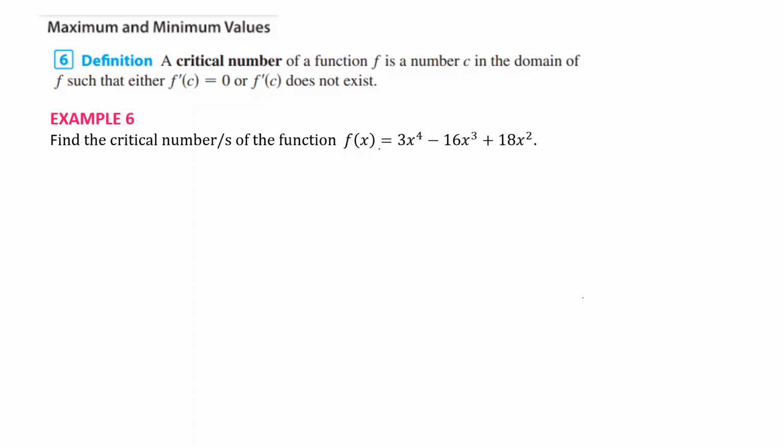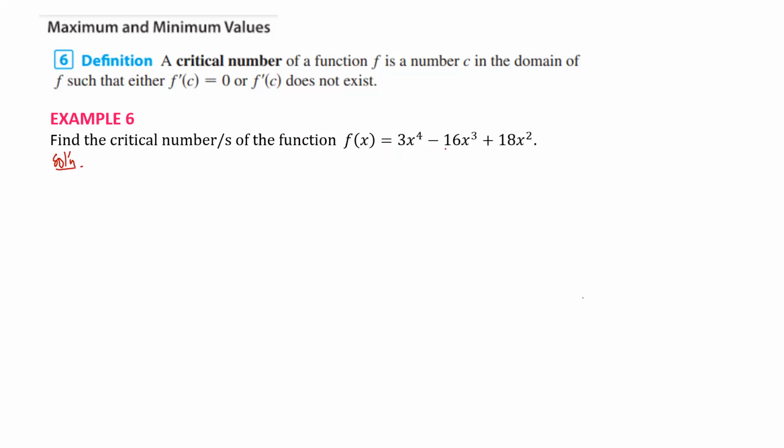A function given by f of x equals 3x to the fourth minus 16x cubed plus 18x squared. According to our definition, you have a critical number c whenever the derivative of the function at c is equal to 0 or the derivative of that function at c does not exist.